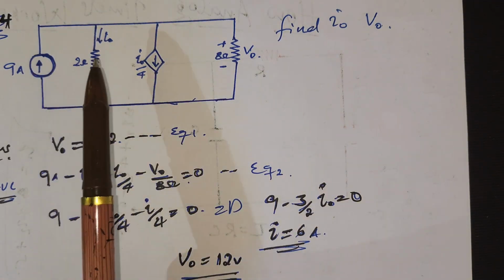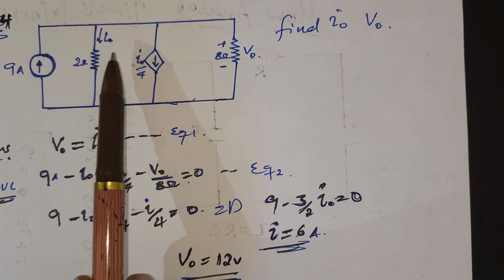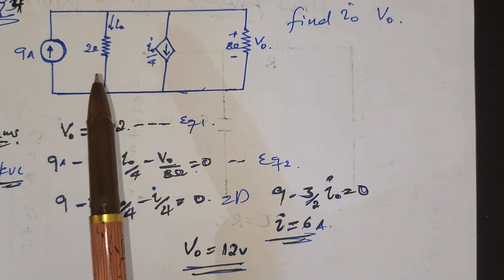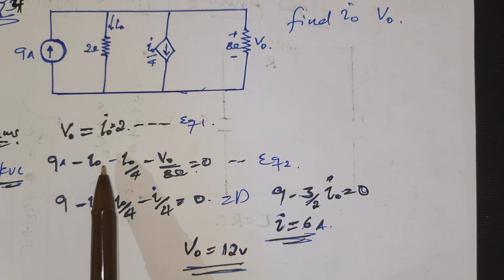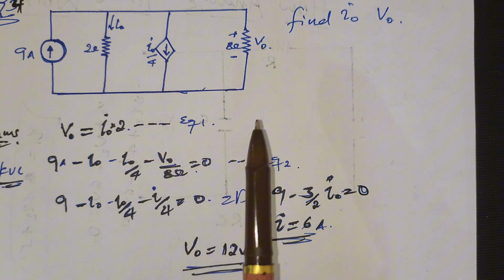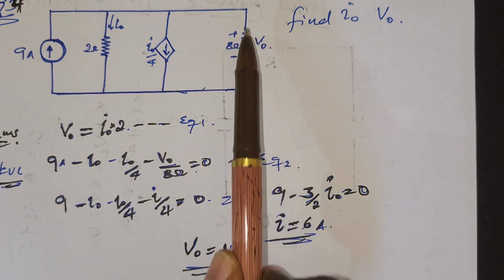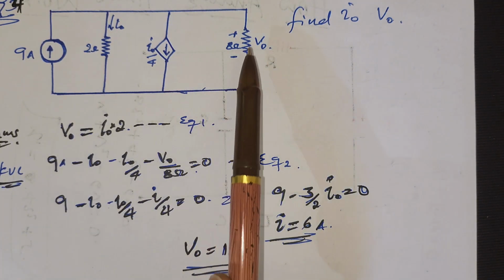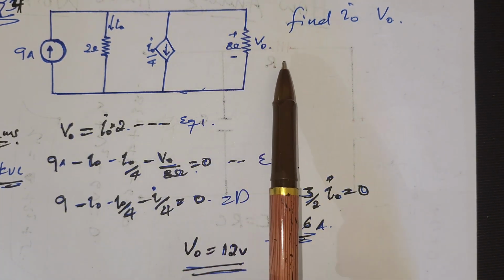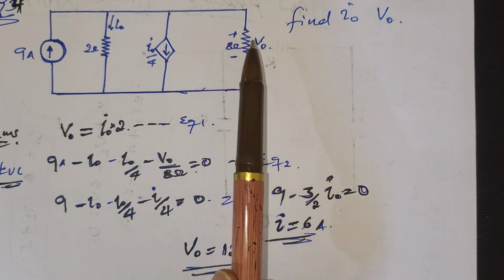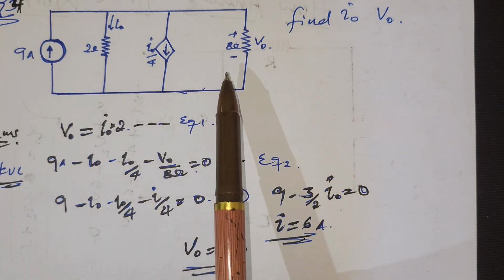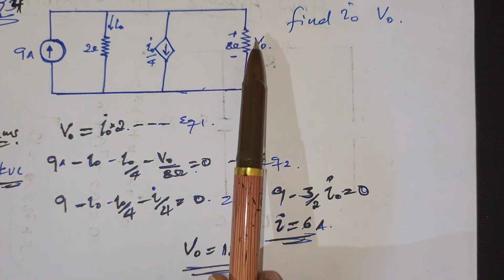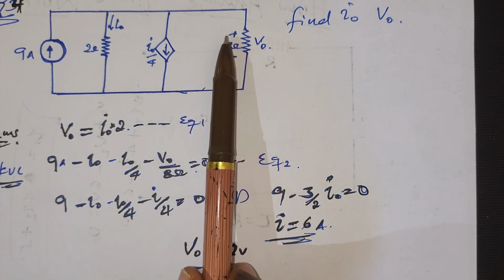So 9 ampere minus I naught over 4. The current on this branch is simply V naught over 8 ohm, because the voltage divided by the resistor gives us the current on that branch, as it is the only element on this branch.